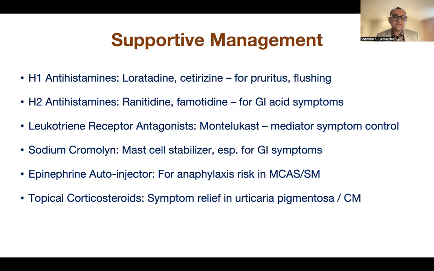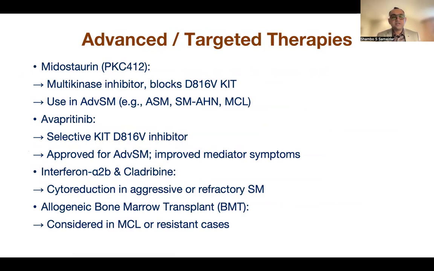Sometimes in case of urticaria pigmentosa or cutaneous mastocytosis, we need topical corticosteroids. These are the advanced or targeted therapies. They are midostaurin, a multikinase inhibitor. It blocks the D816V KIT mutation, and therefore it can be used in advanced systemic mastocytosis.